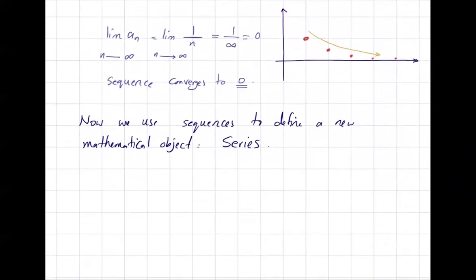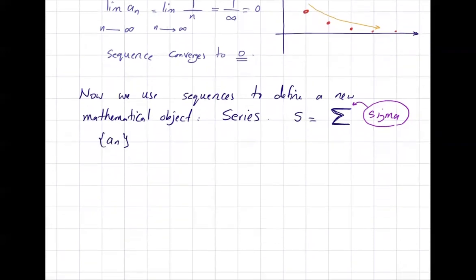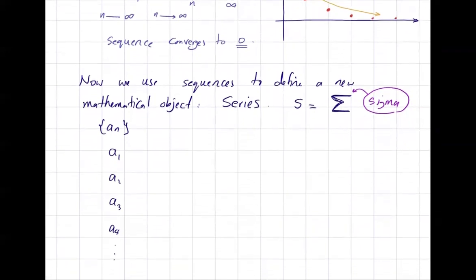A series is denoted by S, and here you have sigma, the Greek letter sigma, to show the summation. So suppose you have a sequence a sub n. If you list the terms of the sequence, a sub 1, a sub 2, a sub 3, a sub 4, and so on, you can take these terms and add them together and define your series.